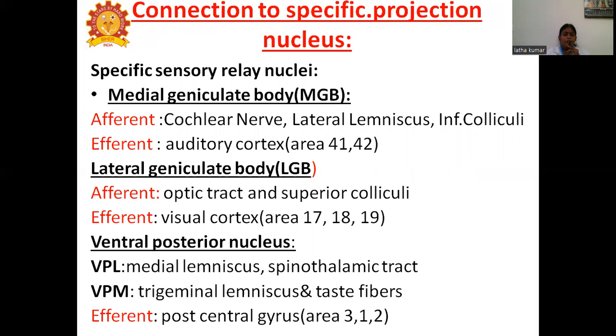It receives afferent fibers. It has two divisions: ventral posterior lateral and ventral posterior medial. The ventral posterior lateral nucleus receives afferent fibers from the medial lemniscus and spinothalamic tract.